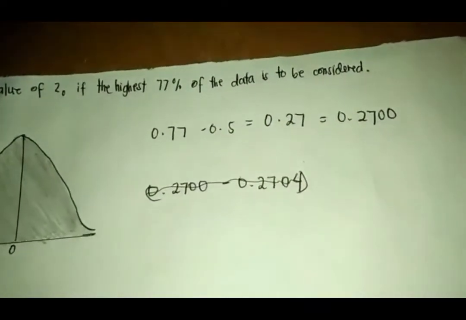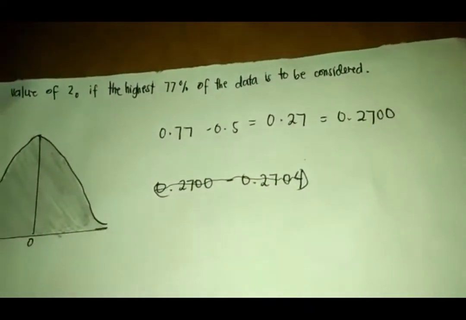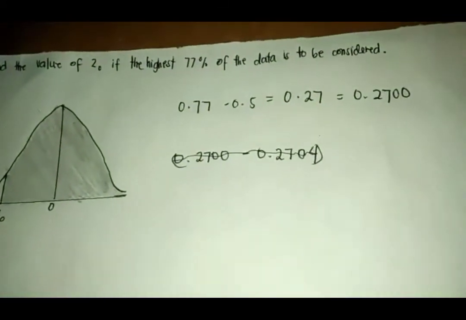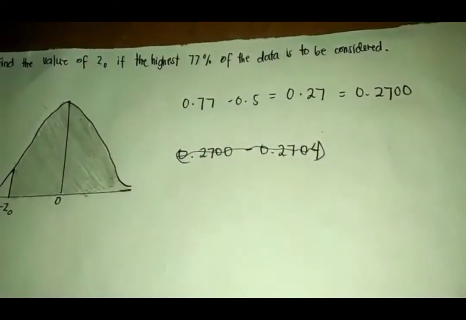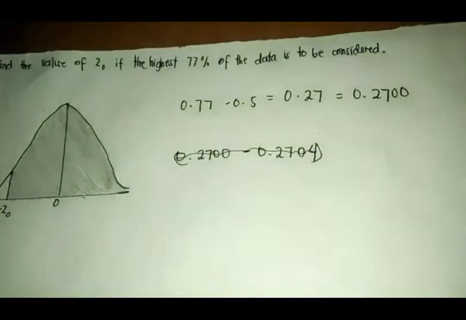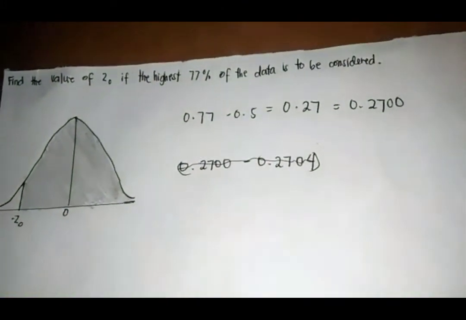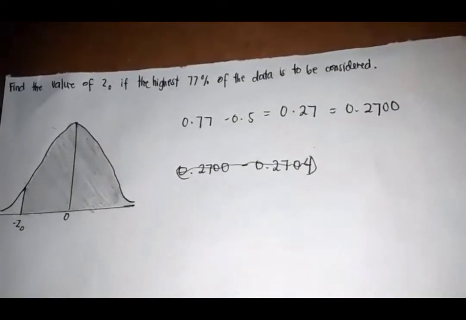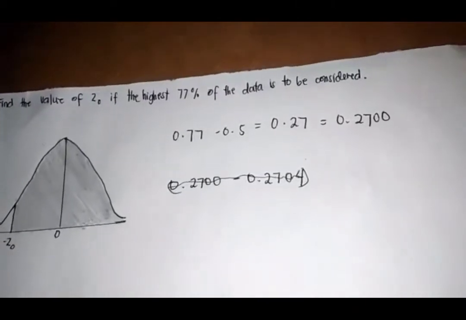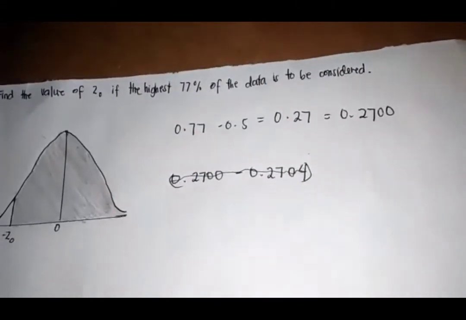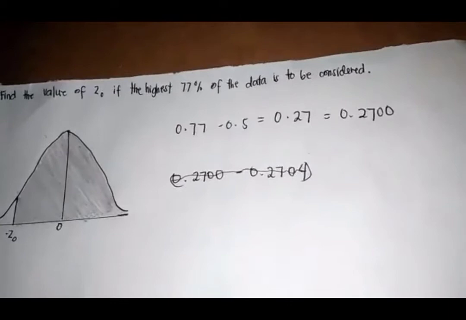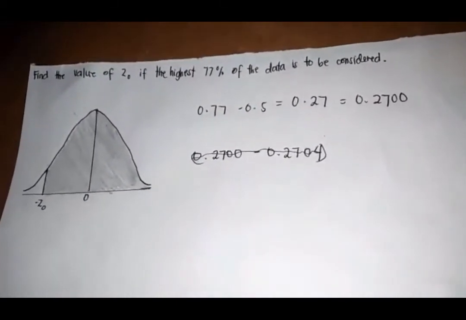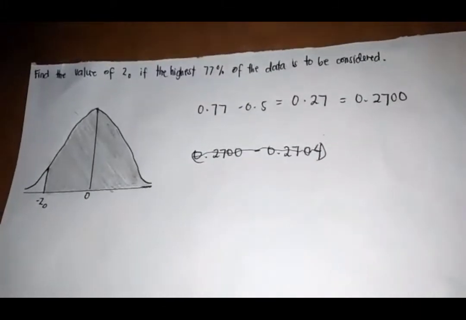Looking at the z-table, the value closest to 0.2700 has a z-score of 0.74.